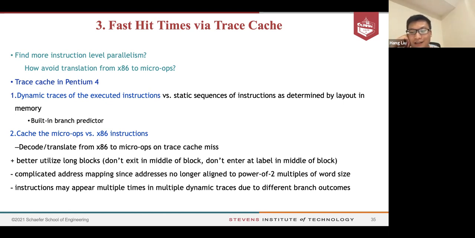Basically, we cache the traces, so that whether the branch is predicted taken or not taken, we've already cached the instructions, and then we have better performance, right? However, this is very complicated, and it was abandoned, I think, in the late 1990s, and it was popularly used in Pentium 4.